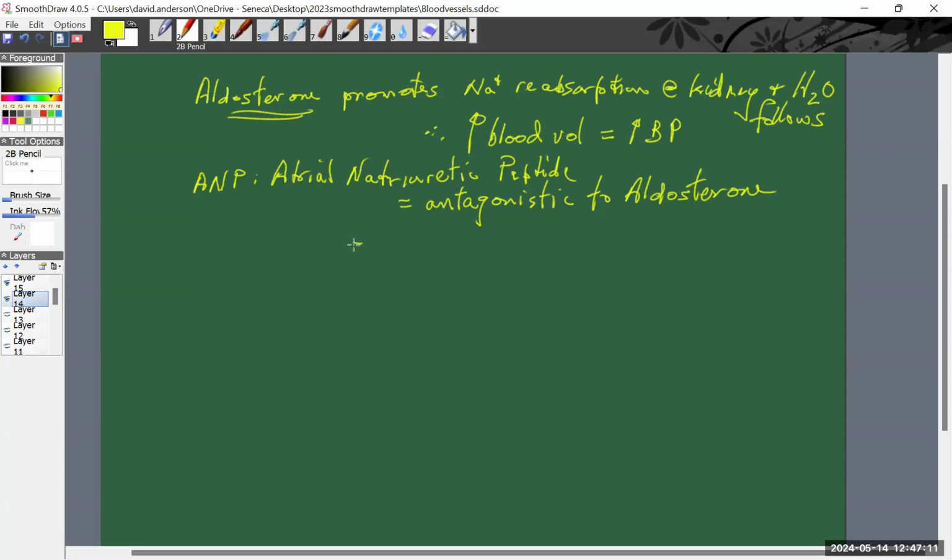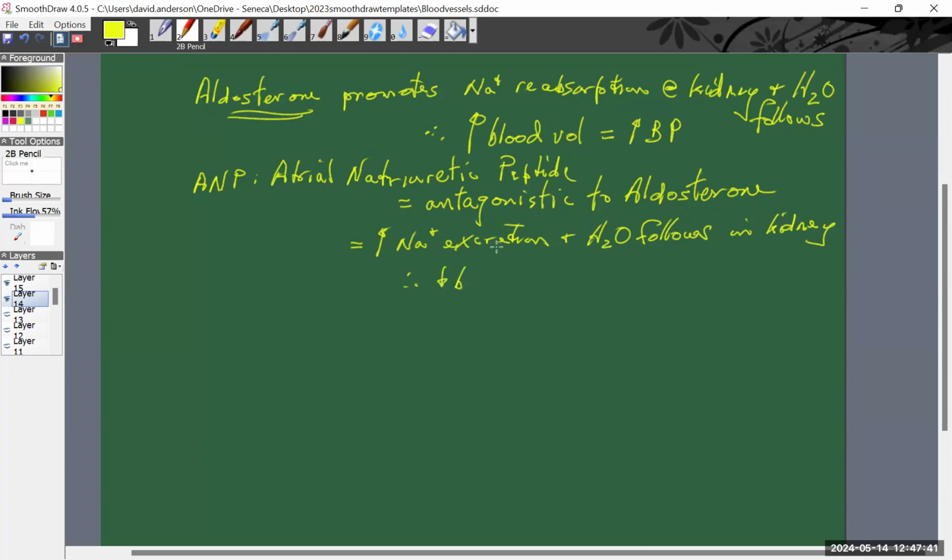So what that means is that it's going to increase sodium excretion. The kidneys either excrete or reabsorb, and water follows. So exactly the opposite of what aldosterone was doing in the kidney. So same location, opposite effects, and therefore decrease.